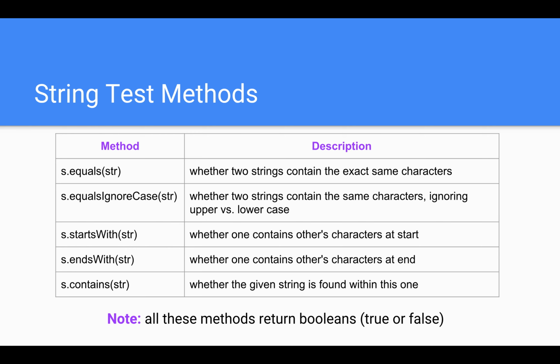So, some string test methods. s.equals(string) returns whether or not the two strings contain the exact same characters. s.equalsIgnoreCase returns whether the two strings contain the same characters, ignoring upper versus lowercase. s.startsWith(string) determines whether one contains the other's characters at the start. s.endsWith(string) tells you whether one contains the other's characters at the end.